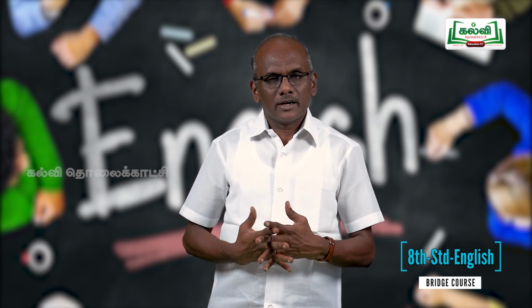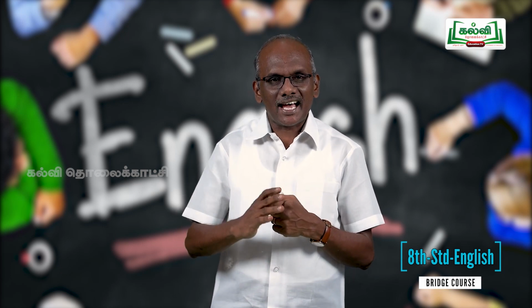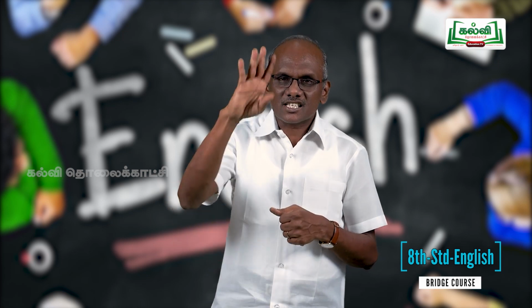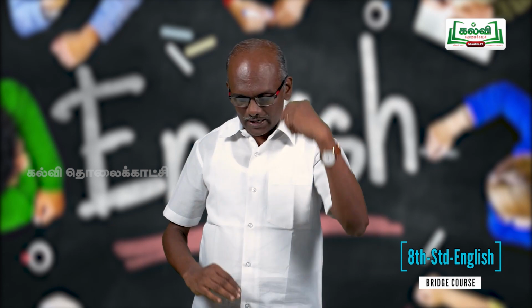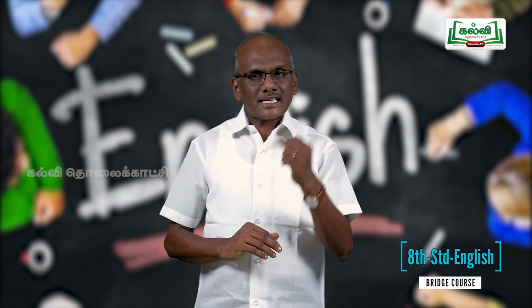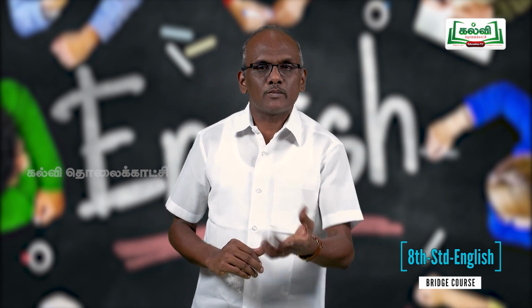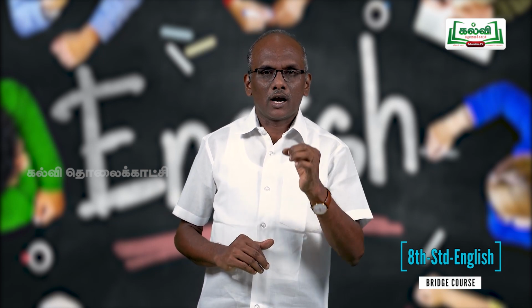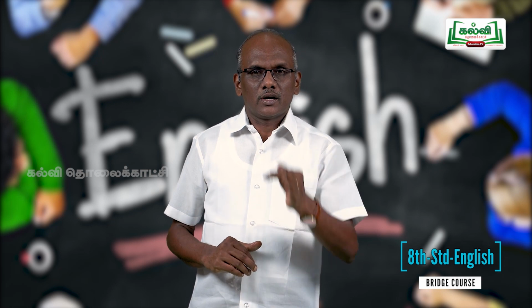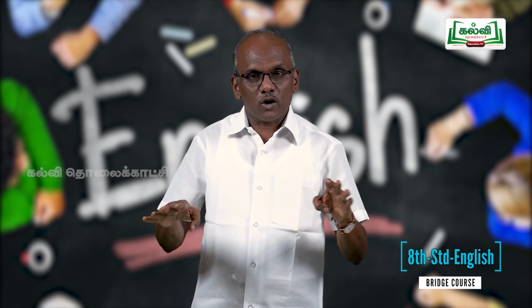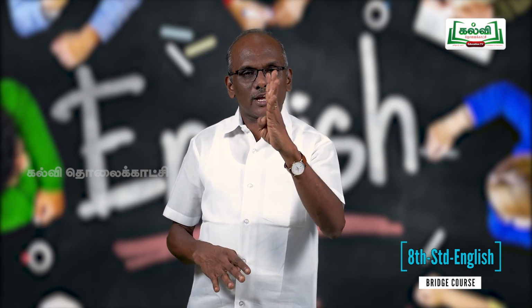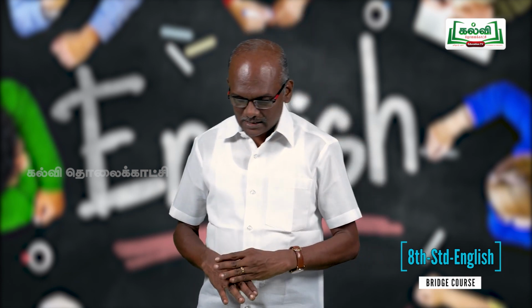And then tetrasyllabic words. You can immediately answer: if a word has four syllables in it, it is called a tetrasyllabic word. For example, encouragement. In encouragement we have four vowel sounds, so there are four syllables.